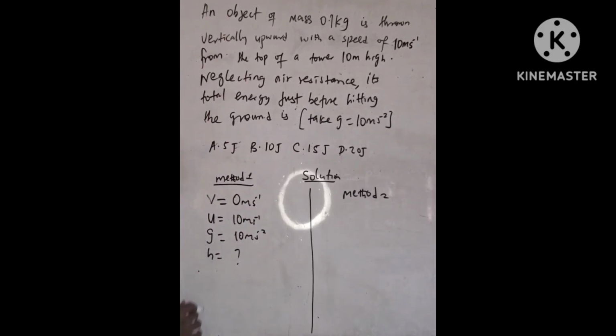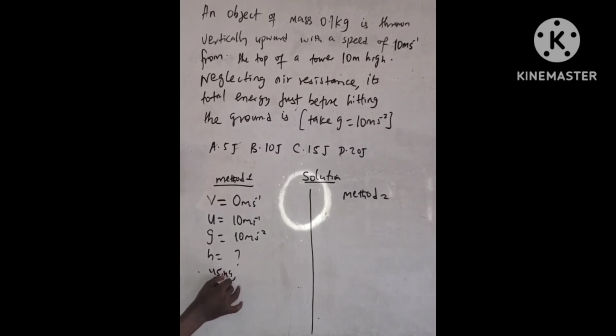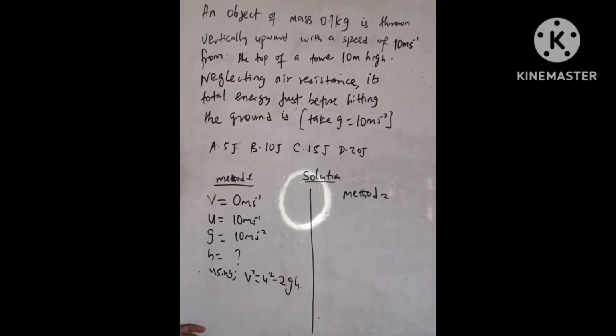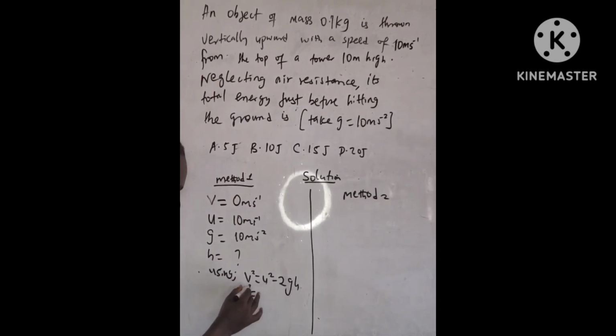So using v squared equals u squared minus 2gh, I know we are all familiar with this equation of motion. We are using minus there because it's upward motion against gravity. So v being 0, 0 squared is 10 squared minus 2 times 10 h.